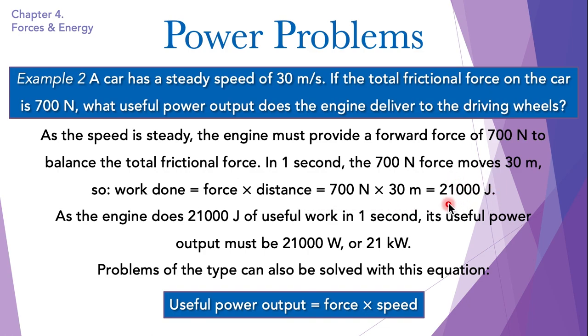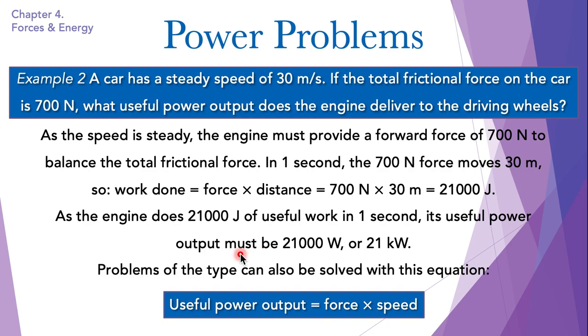Now, as the engine does 21,000 joules of useful work in 1 second, its useful power output must be 21,000 watts. We don't even have to put the equation here because the time taken is only 1 second. So 21,000 joules of useful work done divided by 1 and we get 21,000 watts or 21 kilowatts. We can also write it like that. So here's how we just solved this problem.